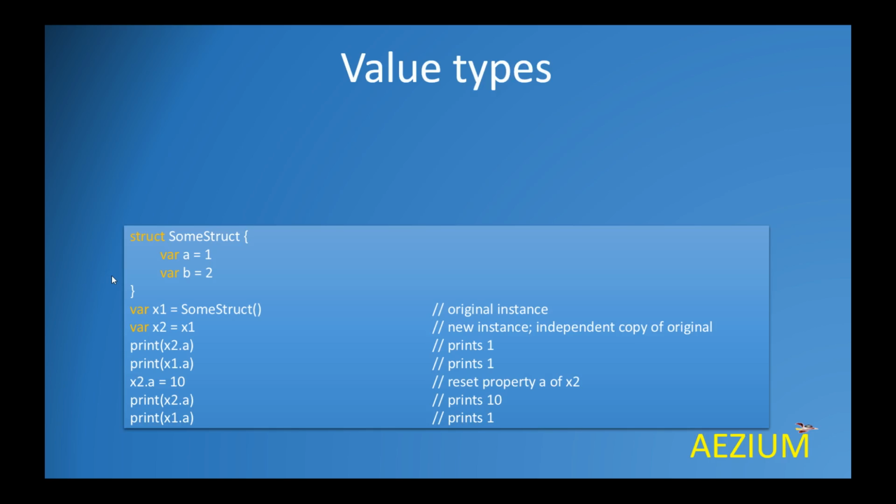When you copy one instance of a structure, you create a completely new instance of that structure, which has the same sets of properties and methods, but as I mentioned, they are independent. So we can do whatever we like to one of them, and that would not affect the other instance.